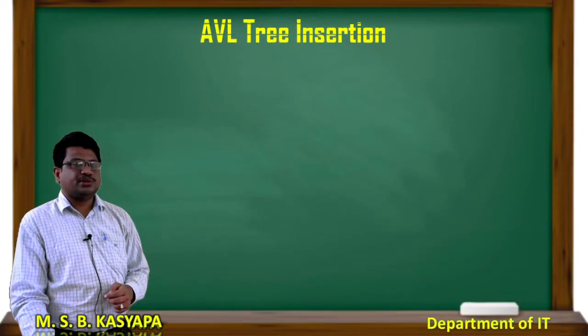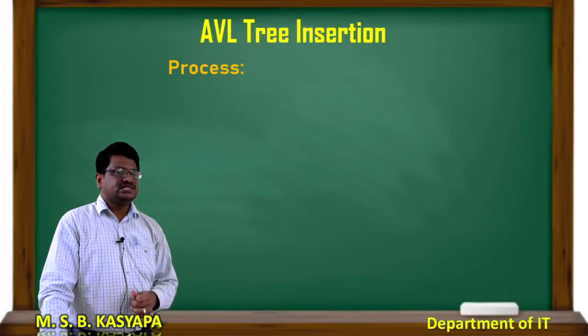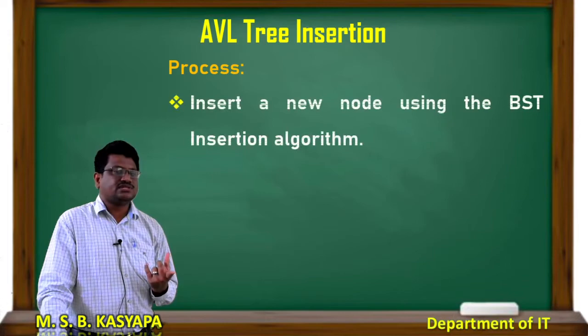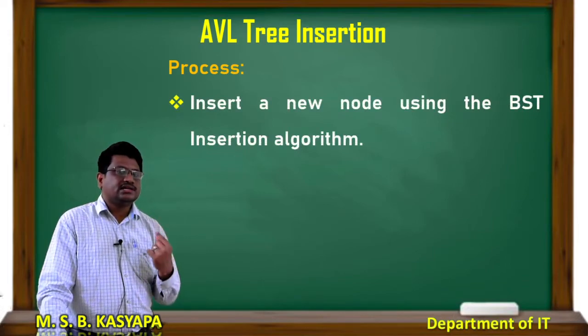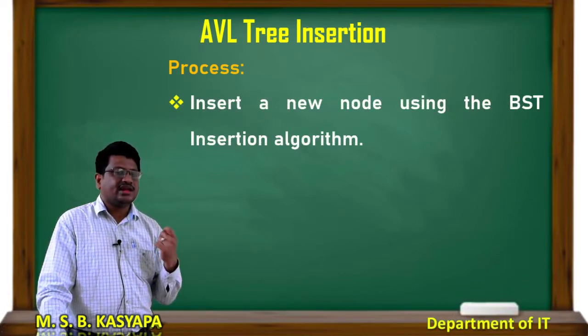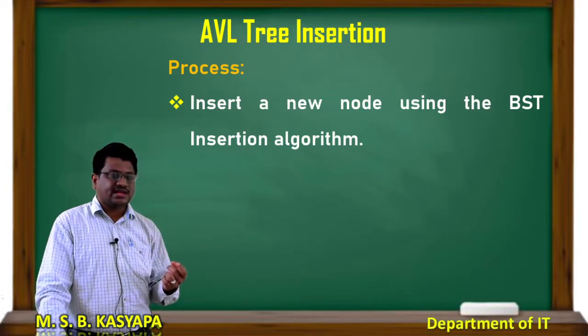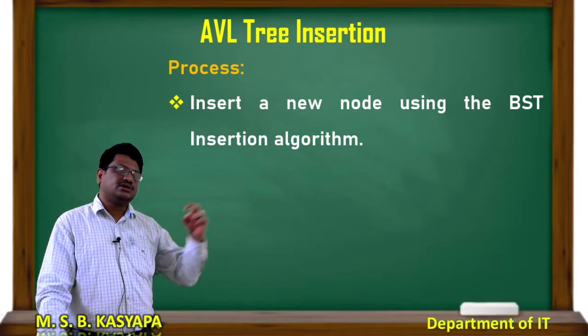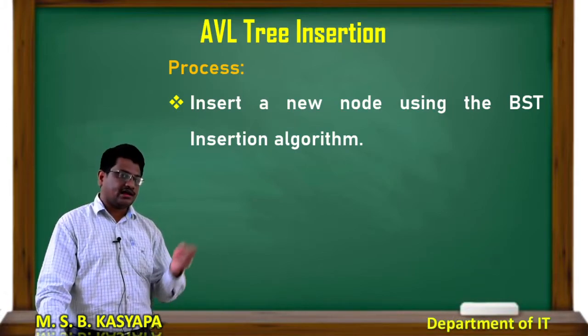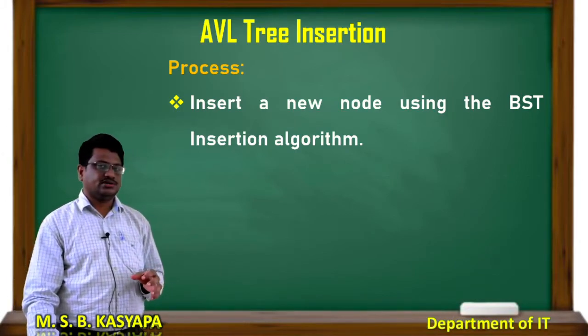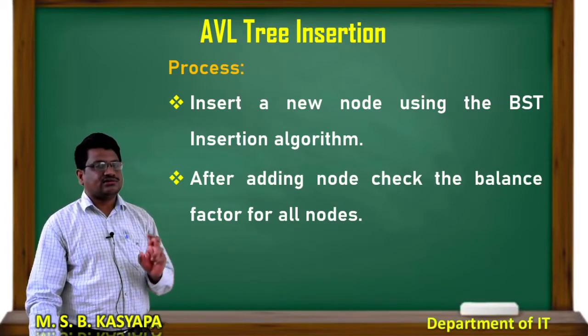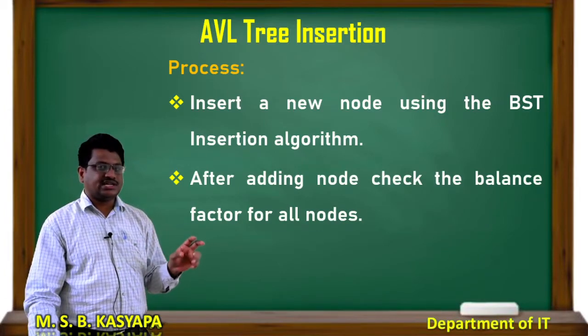Okay, let's do the process. Now I want to insert an element. What is the process? First, as I have already said, the AVL tree is nothing but a balanced binary search tree. So first I insert an element according to the binary search tree process. After insertion, I have to check the balance factor for each and every node.